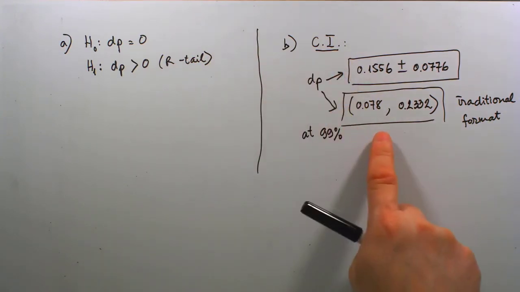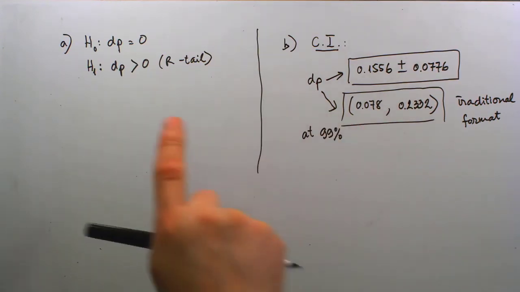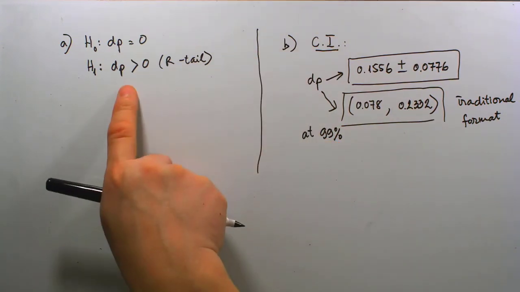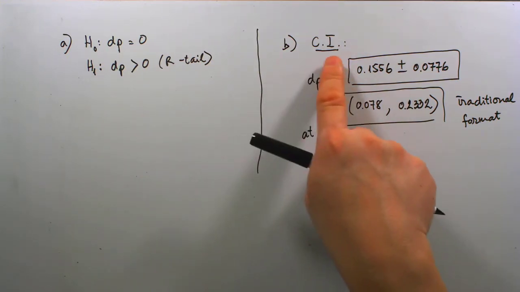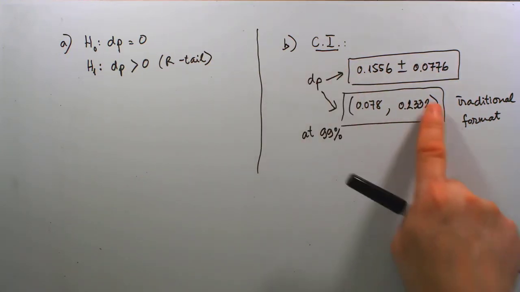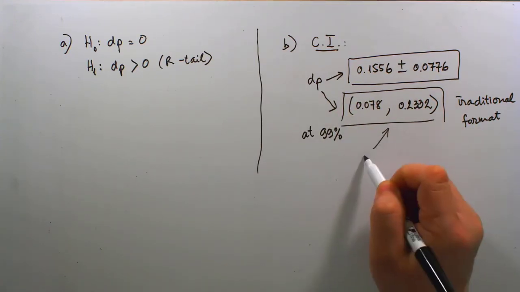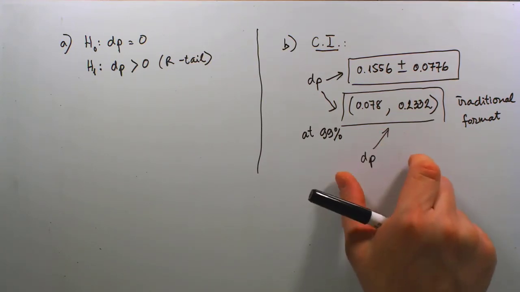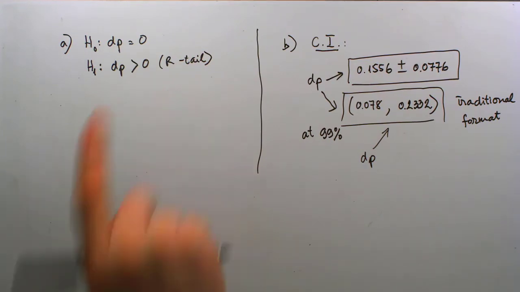It gives a better picture of where dp should fall. Looking back at part B and connecting it with part A, we can see that this interval is completely a positive interval, and so we now know that our dp falls somewhere inside of this interval. So it gives us a better picture from the result we proved in part A.